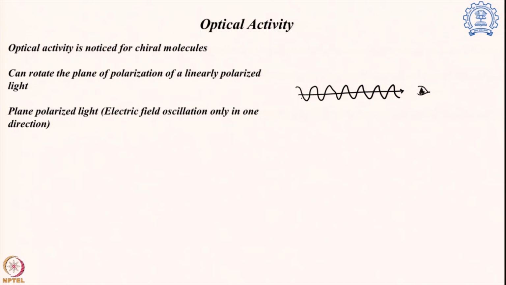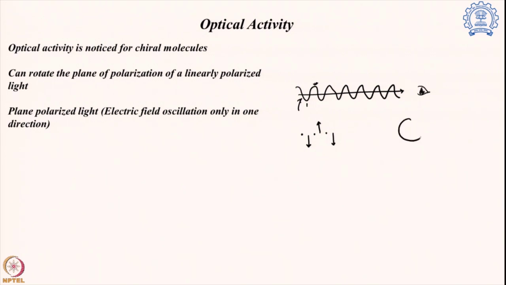Whenever it is at the center, it will look like this. Then it is going down, so it will be like this. Then it is coming back to 0 again. Then it is reaching the maxima, and so on. So that is how it looks.